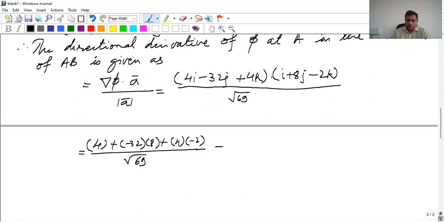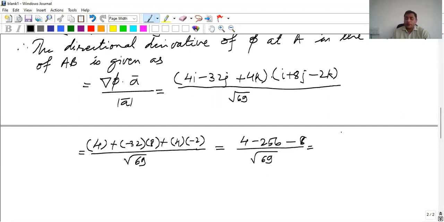Now calculate. This is going to be 4, this term is going to be minus 256, and this term is going to be minus 8, upon root of 69.